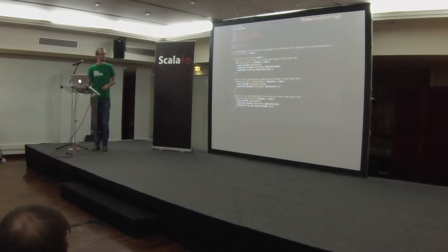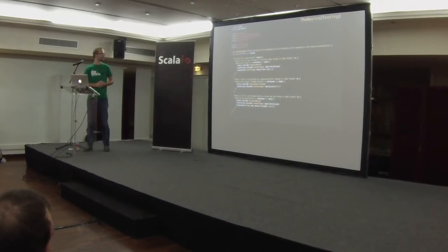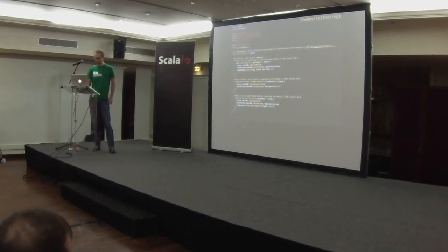Of course, testing, very important. So I thought I'd start with some tests to show you how you test things. Spray has a test kit just like Akka, and part of that test kit is this trait, ScalaTest RouteTest. There's also a Specs2 version.